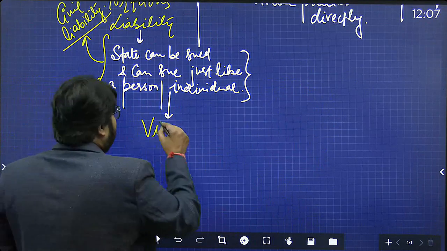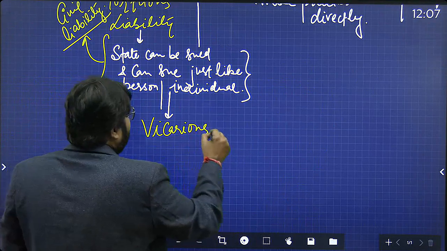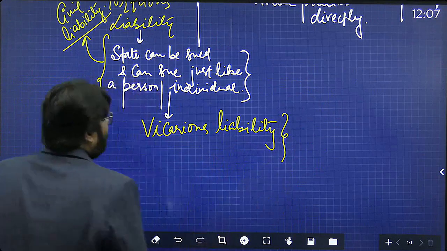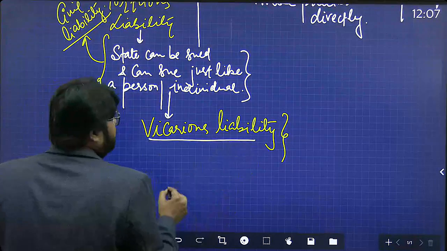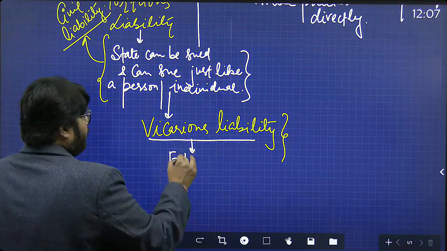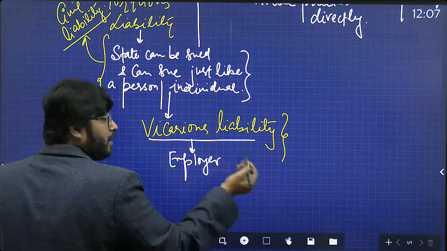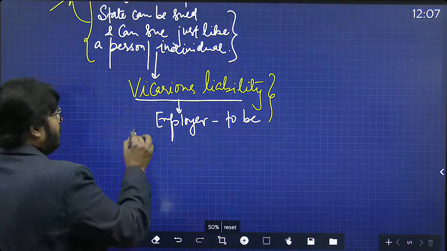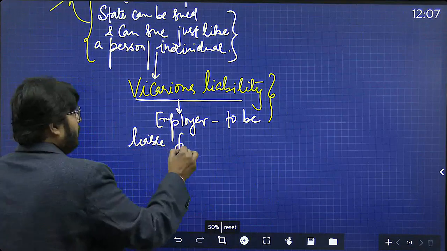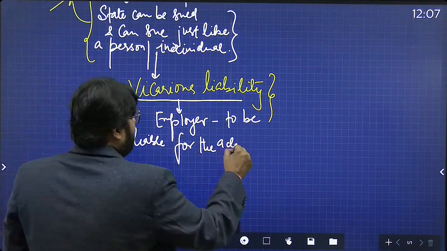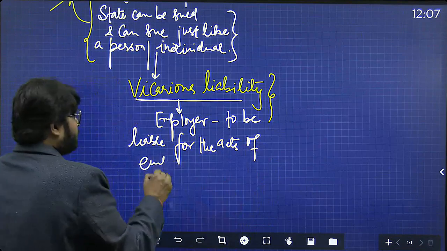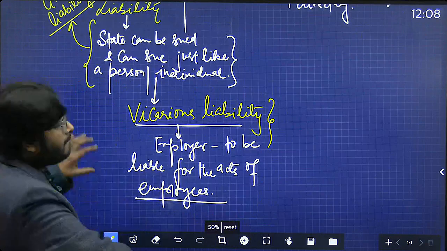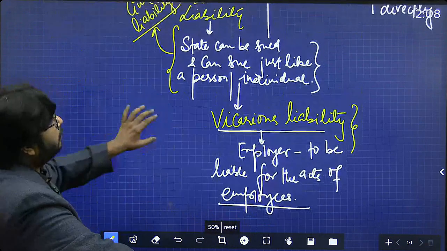That is called vicarious liability. Okay, so the employer is liable for the acts of employees. This will be used for private employers also.